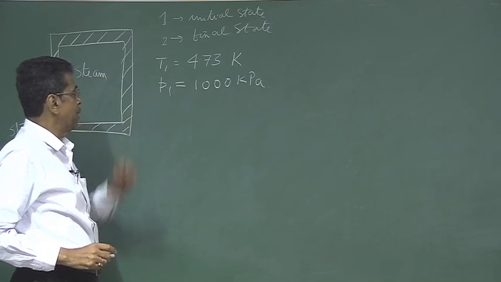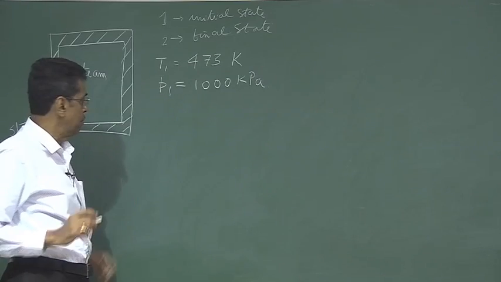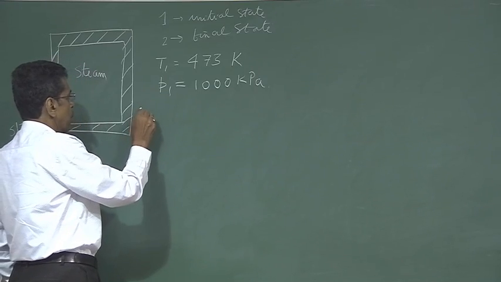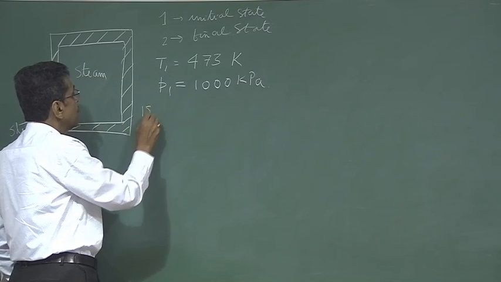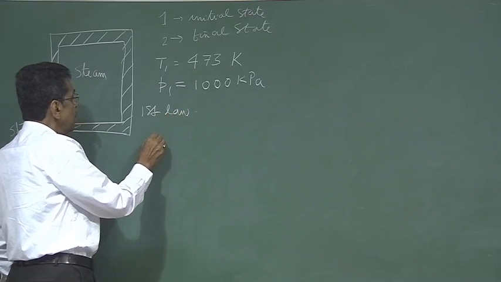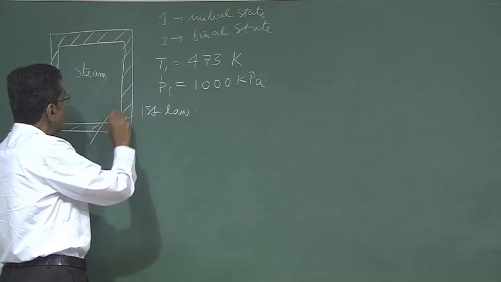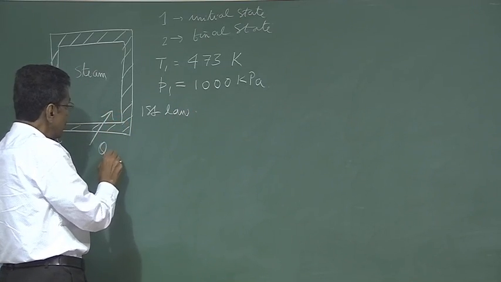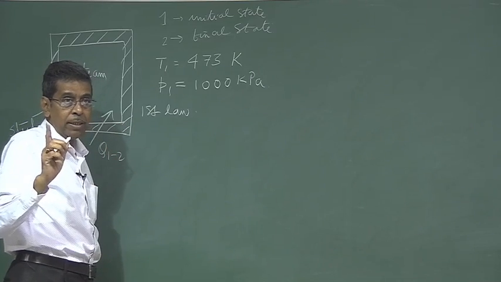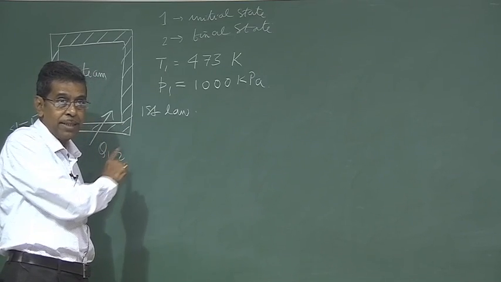To find the properties, we have to go through the steam table, but first let us write the equation for the first law. Now, if we consider Q is given to the system, actually it is taken out, but if we get a negative sign, then it will be taken out.